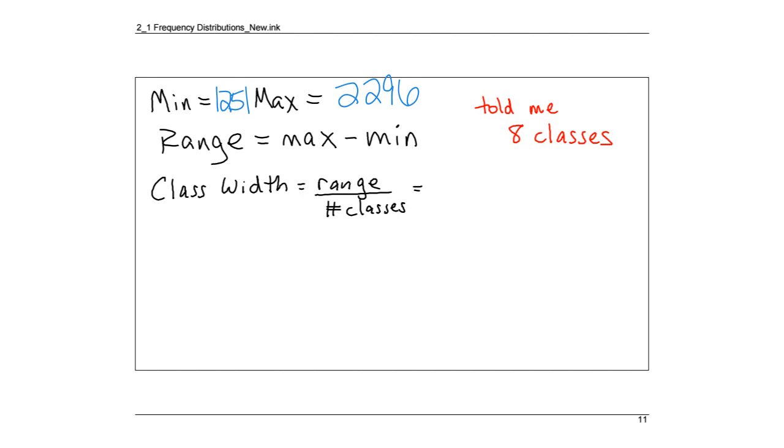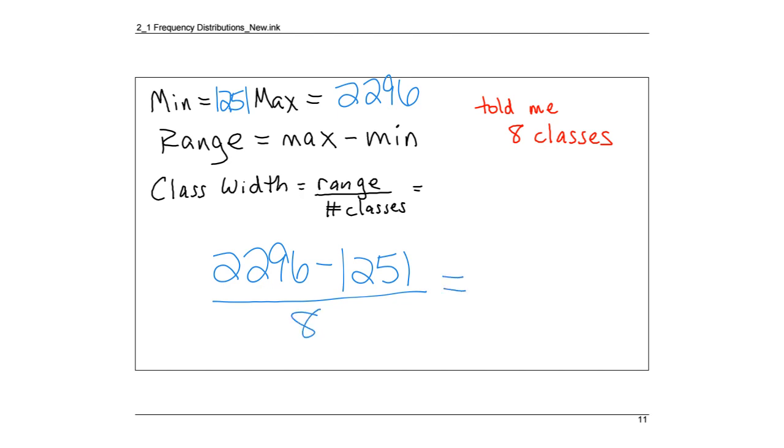So I take the largest number minus the smallest number, and divide by the number of classes. That gives me 130.625, which naturally rounds up to 131.